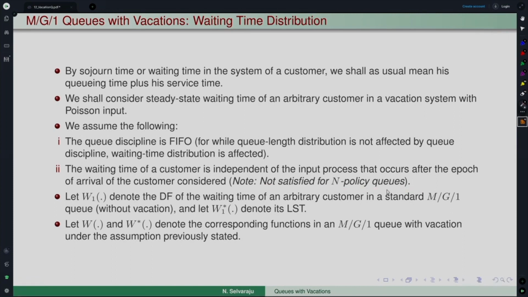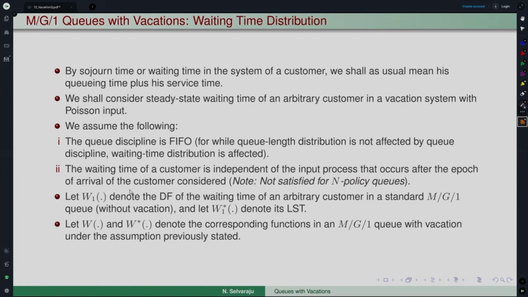So, whatever we are saying is not applicable for N policy queues, because you are considering the waiting time of an arbitrary customer in a vacation system with Poisson input. If the waiting time of a customer is dependent on the input process that occurs after the epoch of the customer considered.